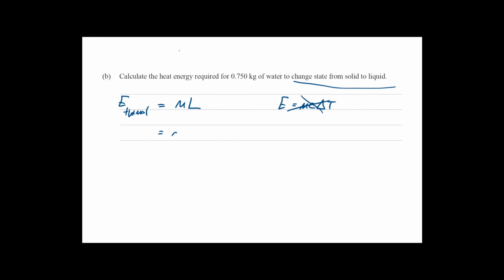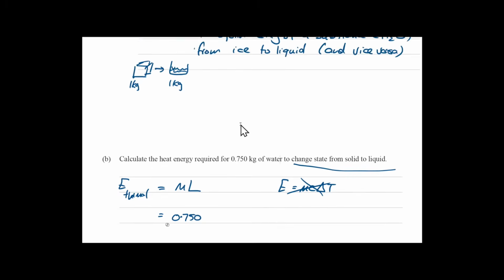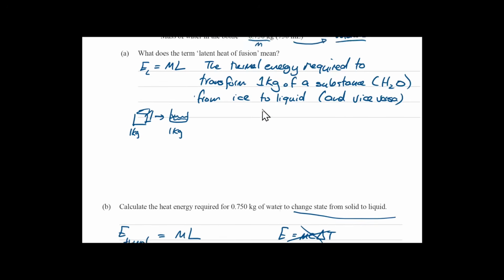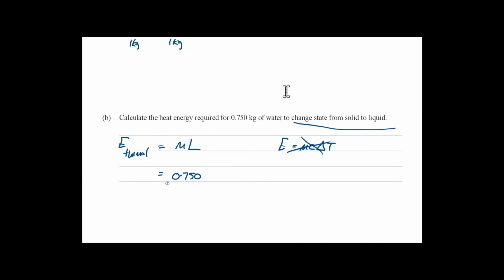So the mass is given as 0.750 kilograms. It's already an SI unit, so do not use the volume for this. We use the mass. And the L was given as this huge number here. Times... I've got the formula sheet in front of me, so I'm just using that.